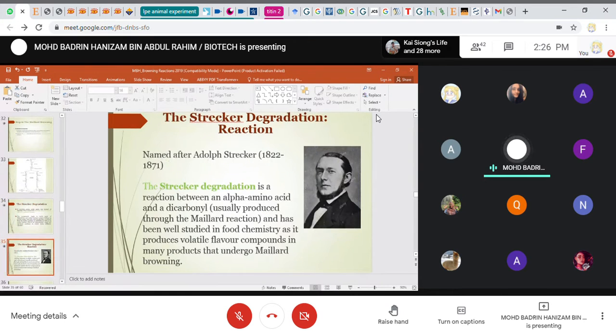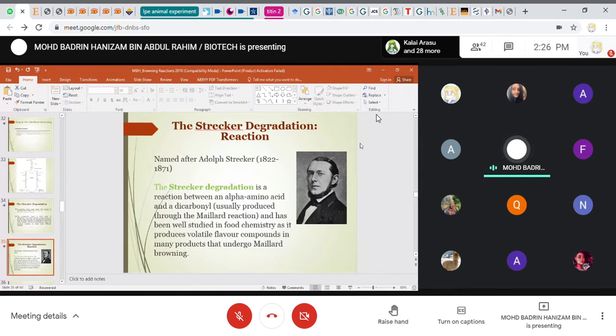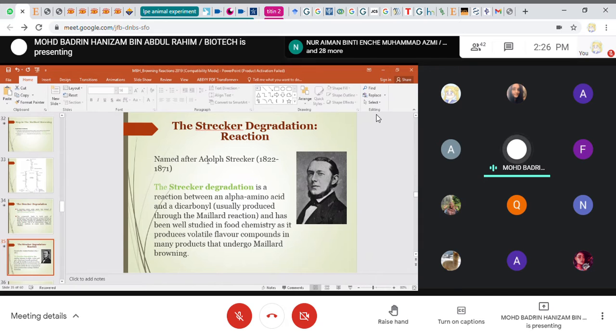So who came up with this name? These guys here in 1862. Adolph Strecker, I think, is German. The Strecker degradation is a reaction between an alpha amino acid and a dicarbonyl.